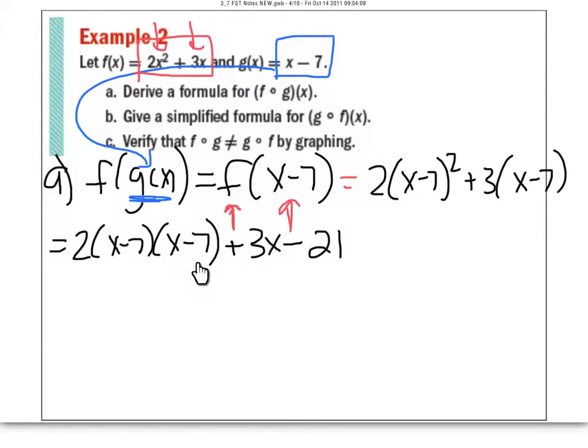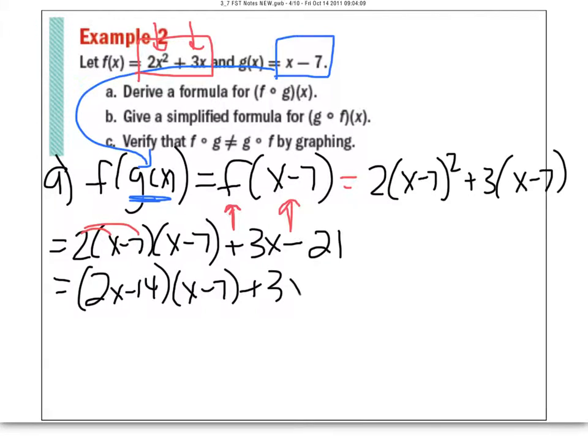Now with these three terms, you can pick and choose what to multiply together first. I'm going to multiply these two together here first and just distribute that 2. So I'm going to get 2x minus 14, and then I have the x minus 7. And then don't forget the 3x minus 21 is still there.